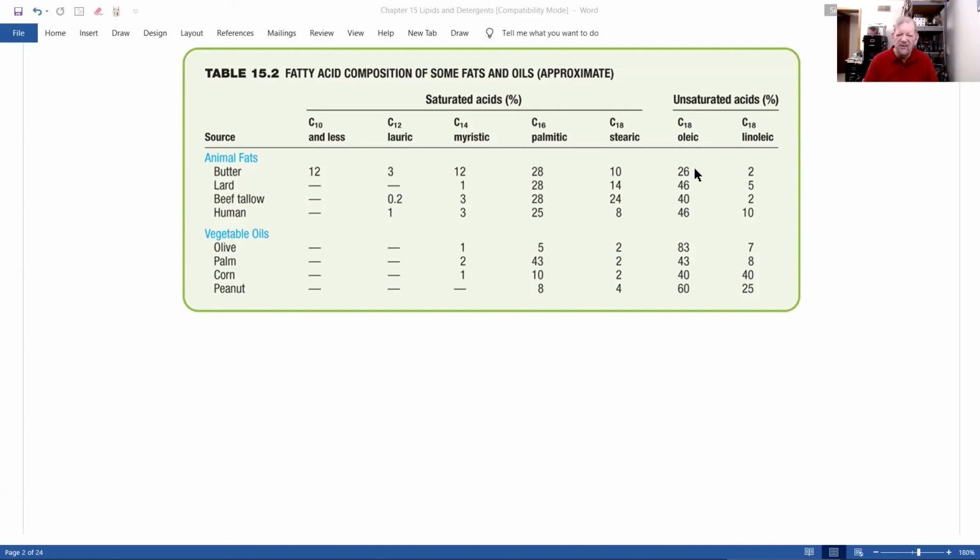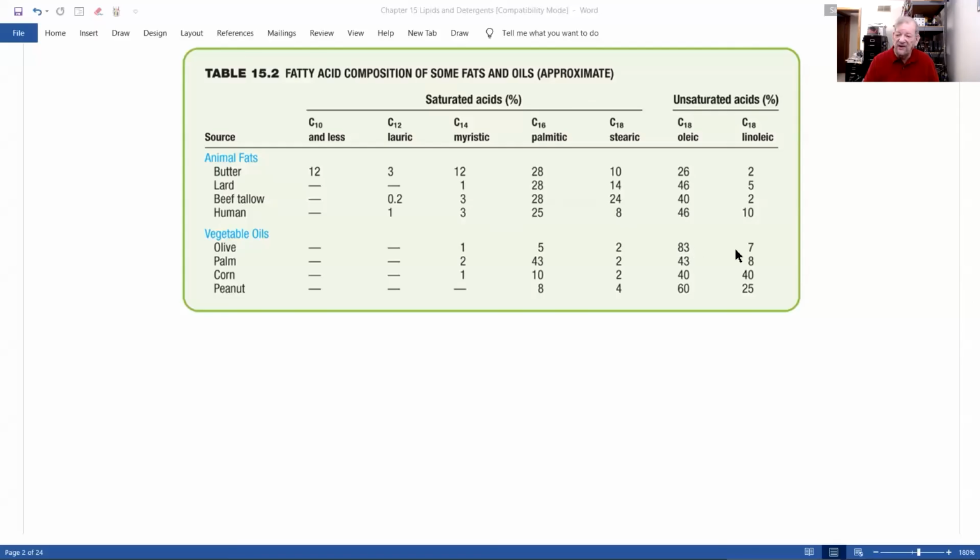And again, the more saturated fatty acids or fats you use, the worse it is for your health. Now, one of the most commonly pushed healthier oils is olive oil. If we look at olive oil, it's almost 90% unsaturated. The higher the unsaturation, the better it is.